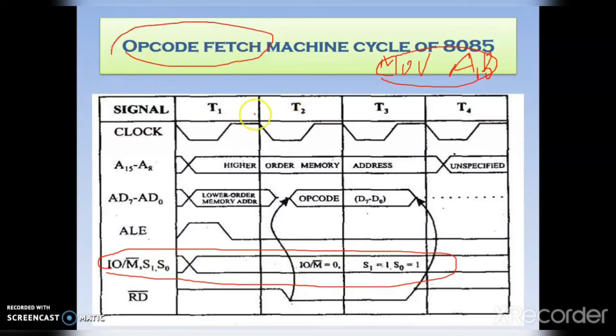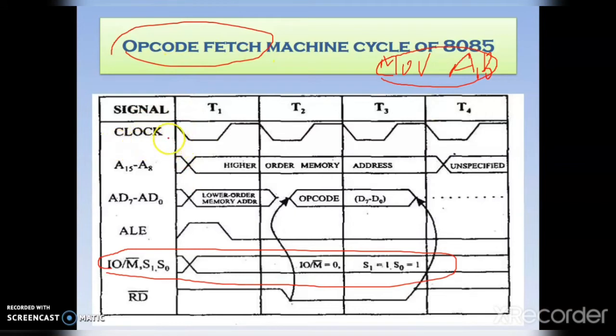We have 4 T states in this timing diagram. Here the length is not fixed; it varies depending upon the instruction we are fetching in the 8085 processor. It varies from 4 T states to 6 T states. Here I am taking 4 T states for this opcode fetch machine cycle.